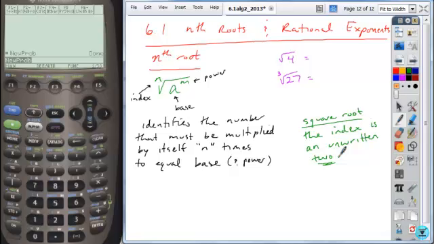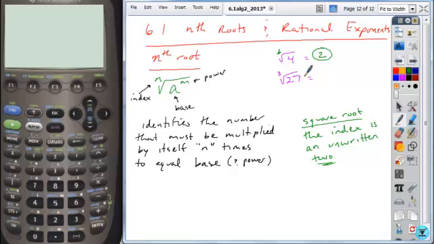So the square root of 4 tries to identify what number has to be multiplied by itself n times, again an unwritten 2, so twice, to give you the value inside your radical, 4. What number multiplied by itself is equal to 4? The answer is 2.